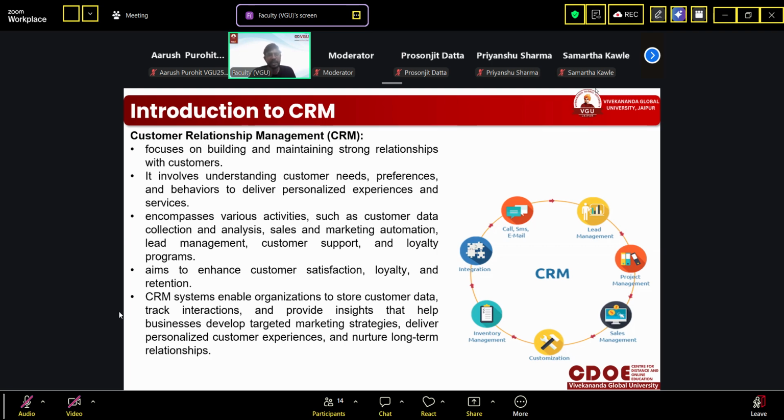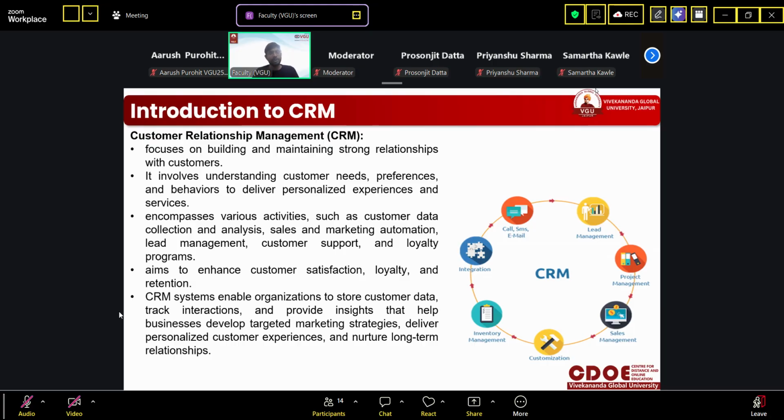CRM encompasses various activities such as customer data collection and analysis, sales analysis, marketing automation, lead management, customer support, and loyalty programs. CRM aims to enhance customer satisfaction, loyalty, and retention.